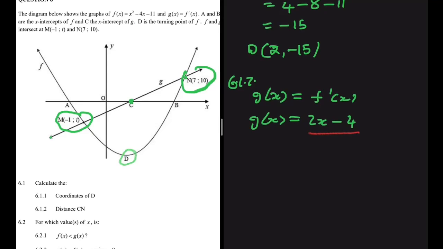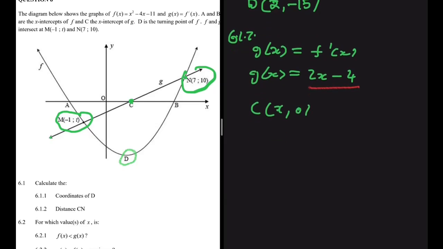We want the coordinates of c. For c, we have an x coordinate that we don't know and a y coordinate of 0. So if we substitute 0 in place of y, we're going to be able to find the corresponding value of x. We substitute it into g of x, so 0 equals 2 multiplied by x minus 4.